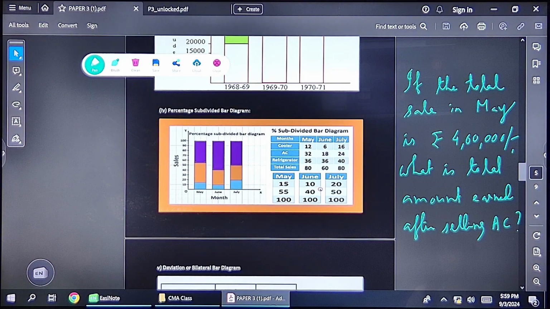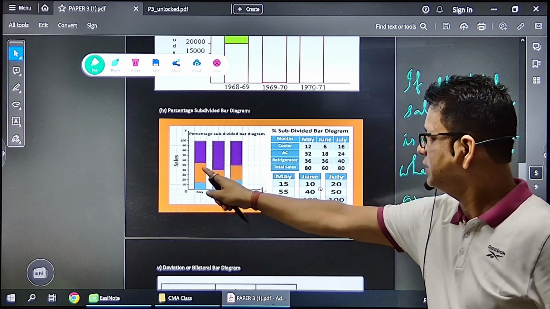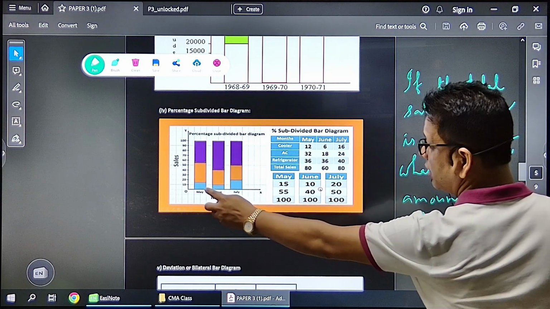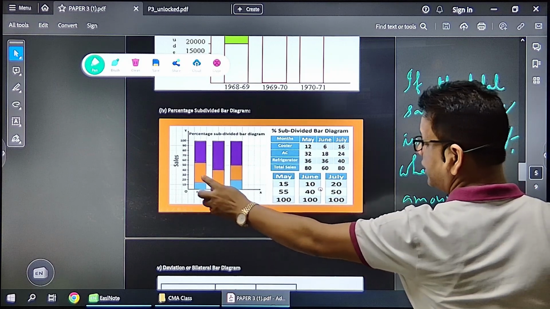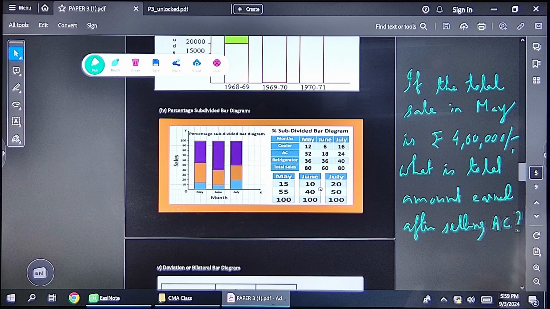The total sale in May means the sale of all these three: the sale of the cooler, the sale of AC, the sale of refrigerator. So if their selling is total 4 lakhs rupees, how much money was earned after selling AC?